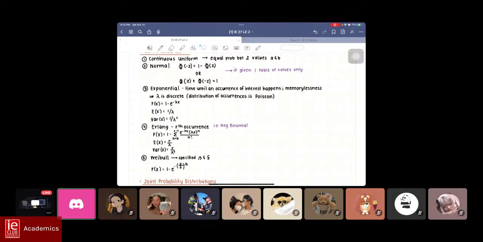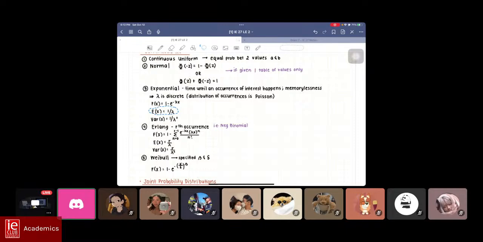And then for your exponential, using these formulas, it's important to remember lang na your lambda is always discrete, and that the distribution of occurrences follows the Poisson distribution. So the lambda is the same for both the exponential and Poisson. So if you're given like the mean of the probability distribution is equal to something, that will be equal to 1 over lambda. So when you calculate lambda, you have to get the reciprocal of the mean pa.